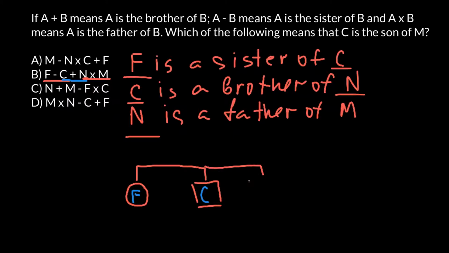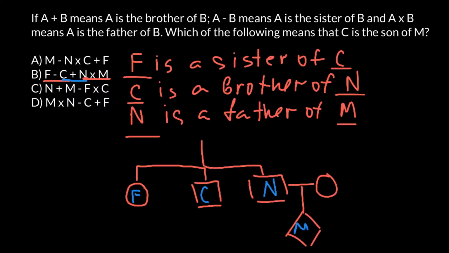N is a father, so he is male. He has a wife and he has a child. He is a father of M, and the sex of M is not specified, so we use this symbol. We can put here that this family has a mother and a father without any letters, just for the full picture.